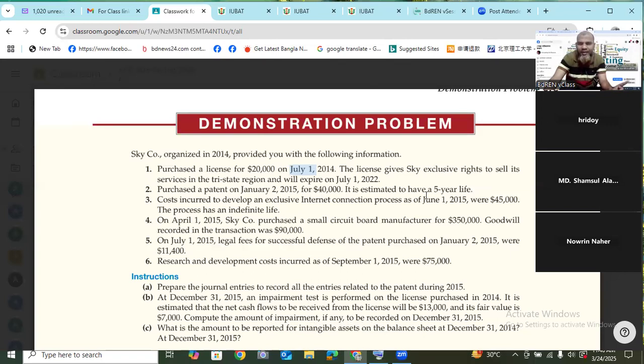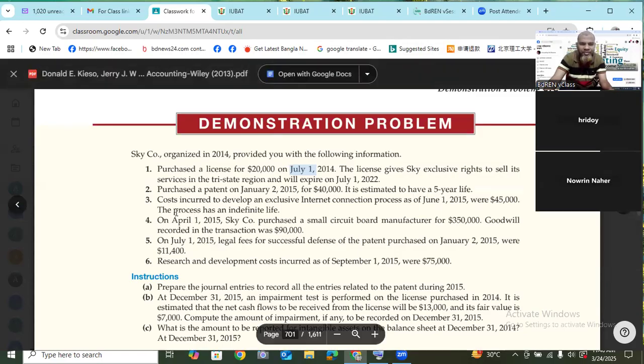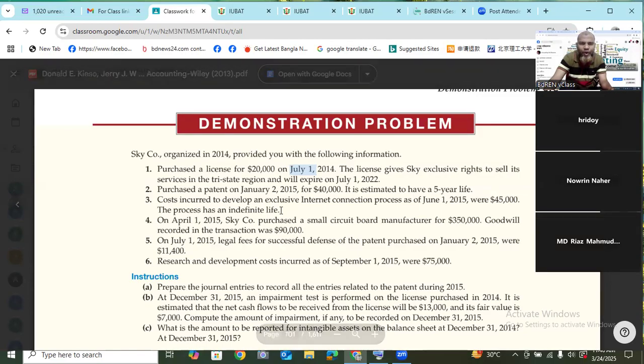It is estimated to have a 5-year life. Number three, cost incurred to develop an exclusive internet connection process on July 1, 2015 were 45,000, and the process has an infinite life.